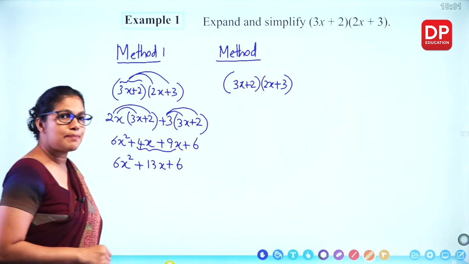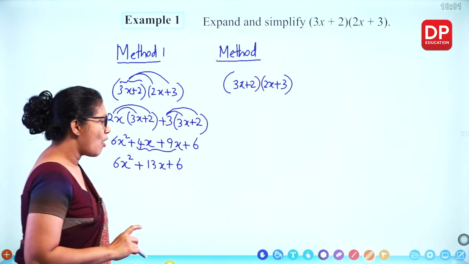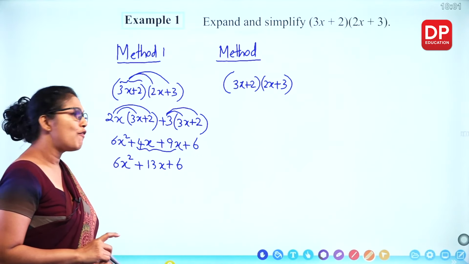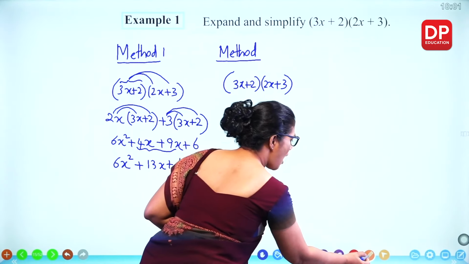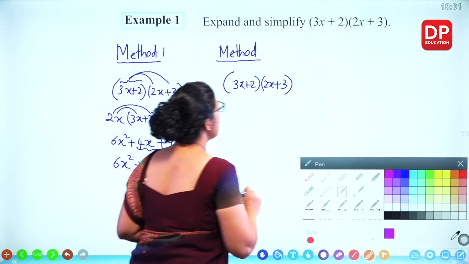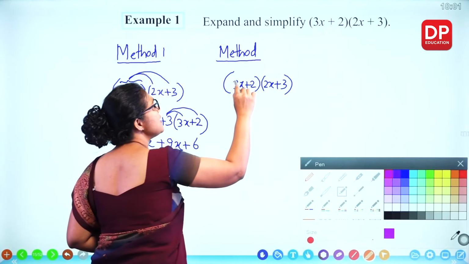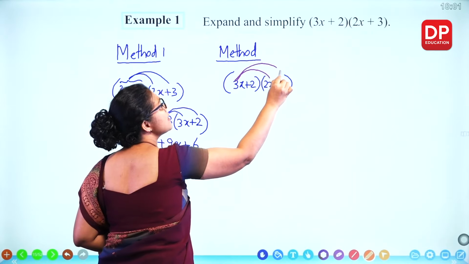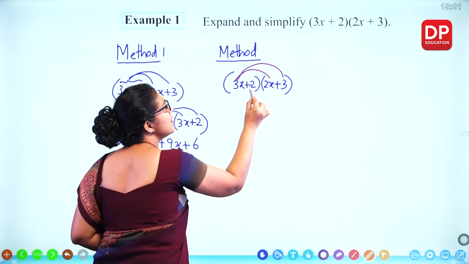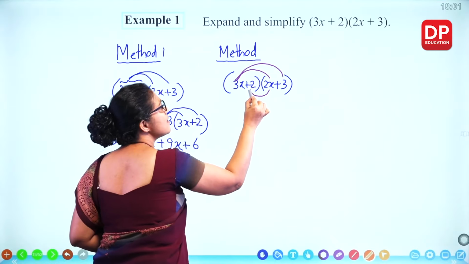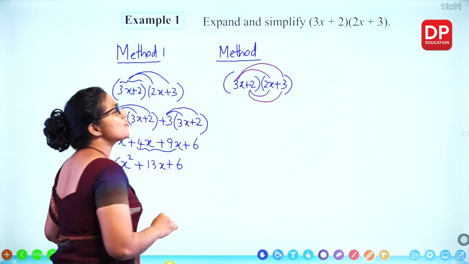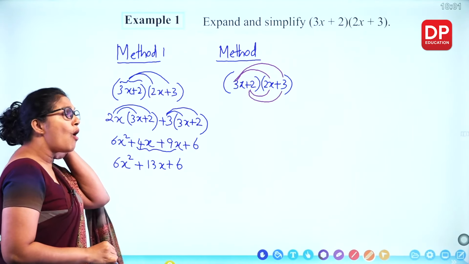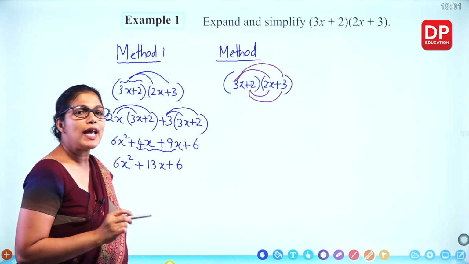Okay, we call this method the rainbow method or sometimes the foil method. So we'll see how we can do this method. We call it rainbow because we multiply this by this, this by this, second number like this, like a rainbow. So we call it rainbow, or we call this the foil method.